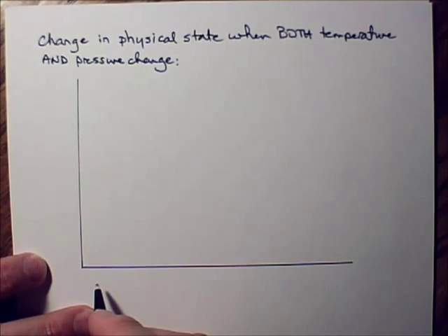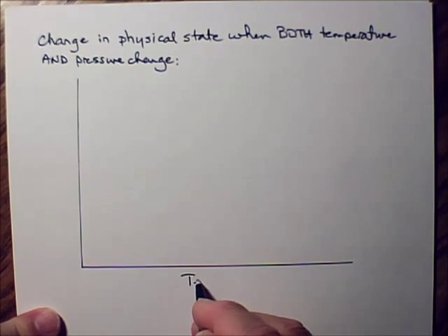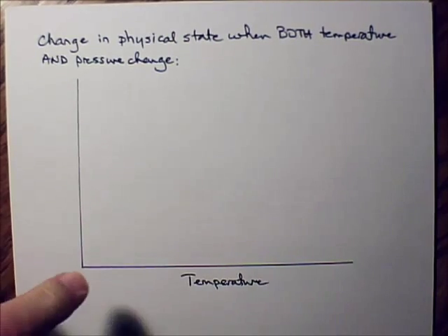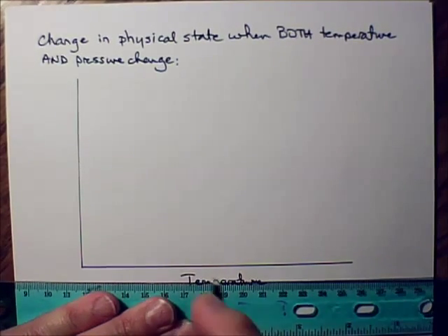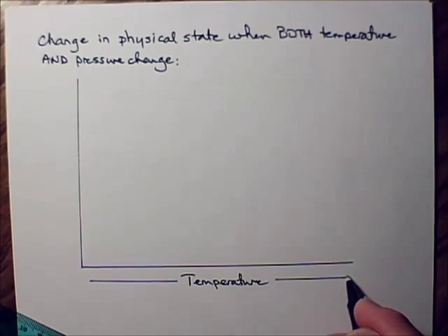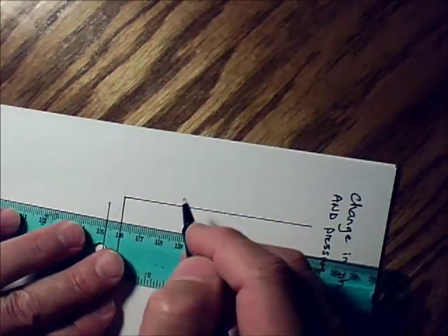So I want to put changes in temperature on the horizontal axis, the x-axis. And I want to put changes in pressure on the vertical axis.